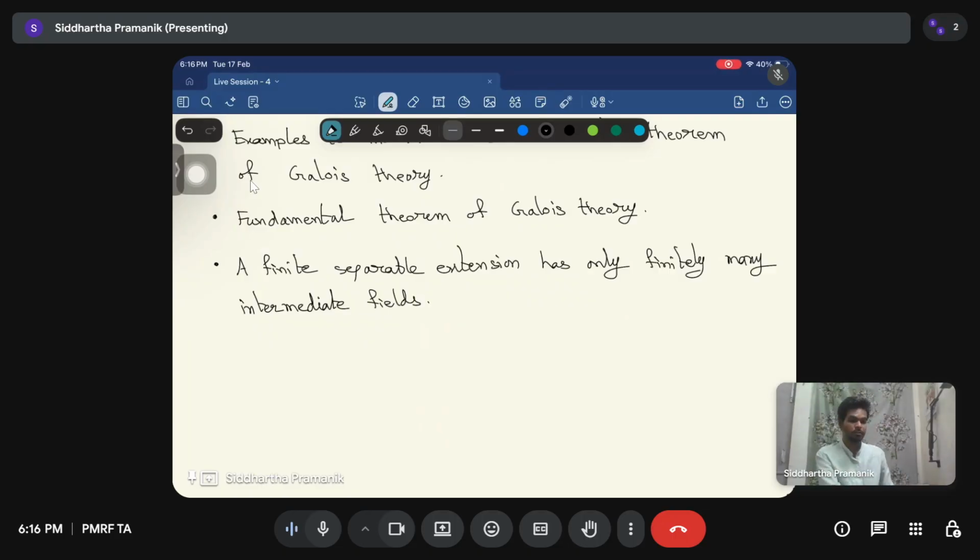And using this, one can prove one sufficient case of the primitive element theorem. But I think it is there in the last week, so we can wait till the last week.